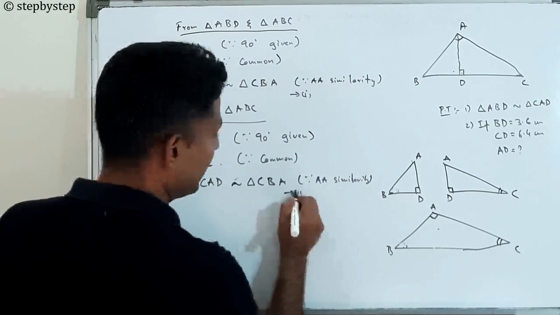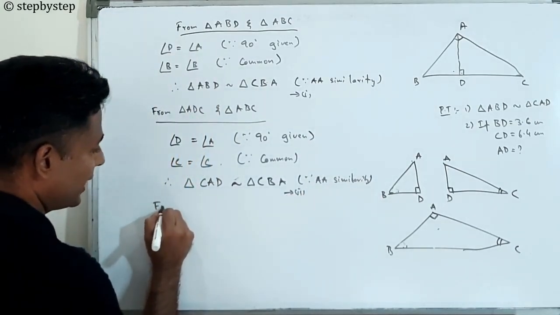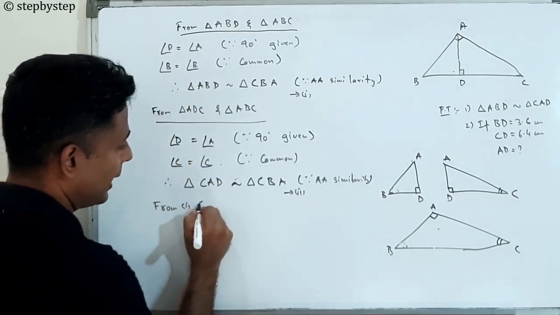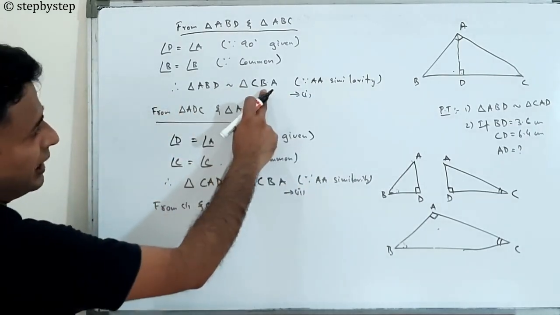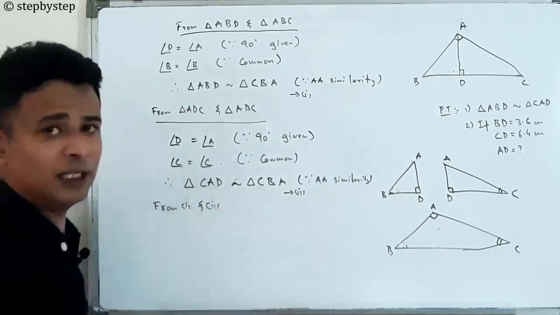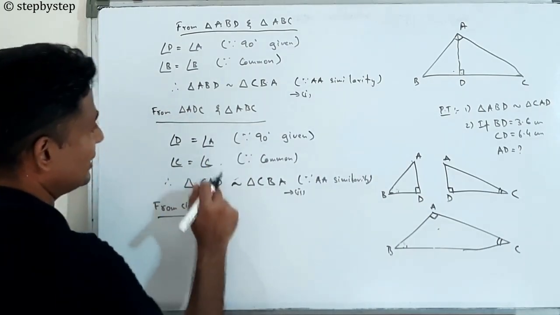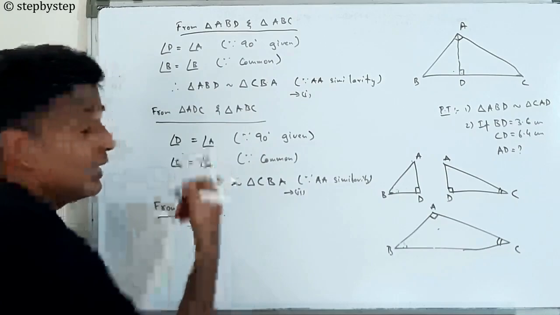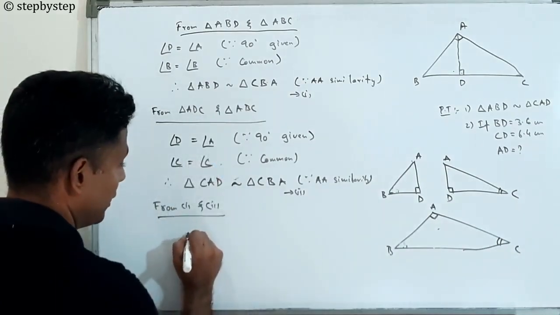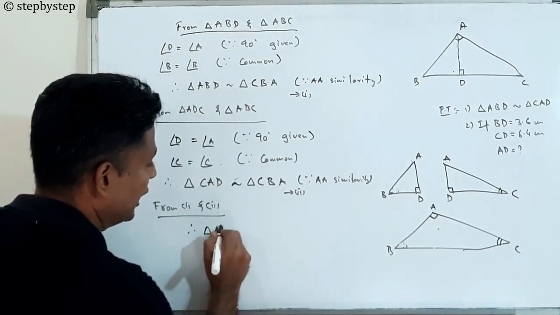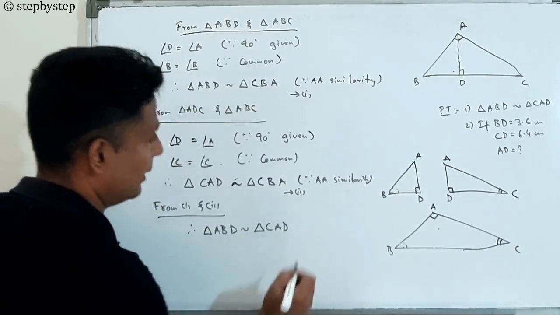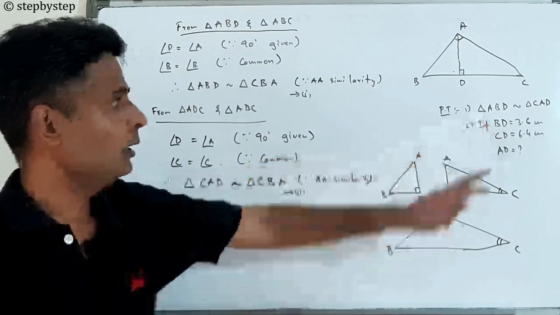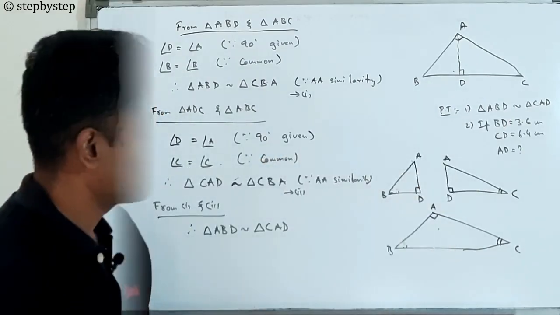This is, I'll take it as 2. Now what do we get? From 1 and 2. From this and this triangle is similar to CBA, this triangle is also similar to CBA. So since these two are similar to the same triangle, they are similar to each other. So therefore triangle ABD similar to triangle CAD. So hence we have proved the first part.